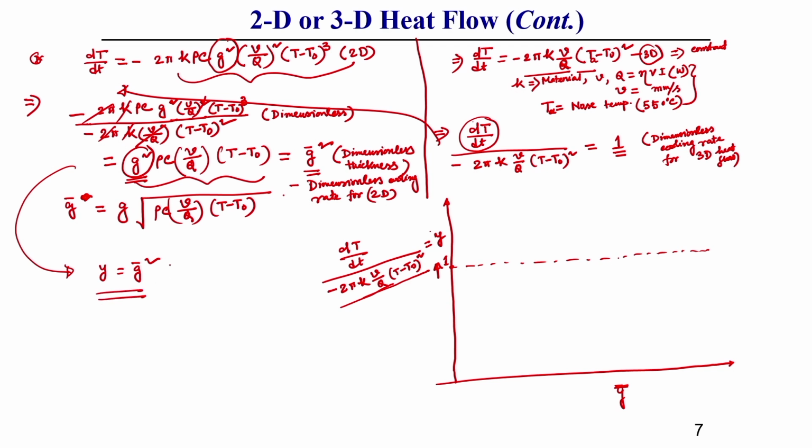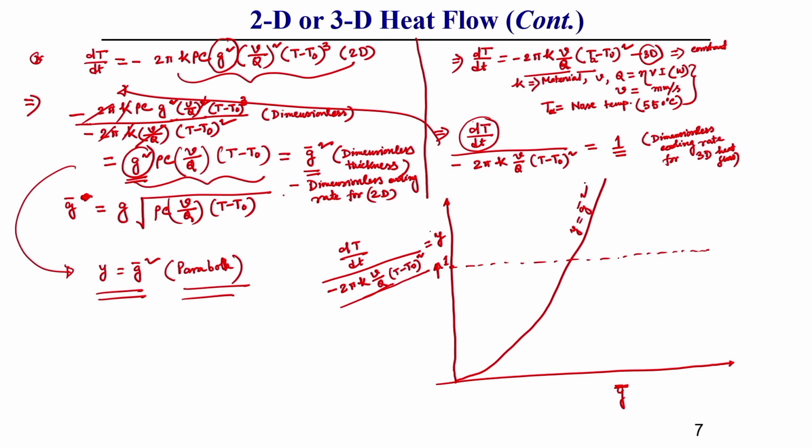What is this equation? This is the equation of a parabola, correct? You know these things. So if we draw the 2-dimensional case, how do we get the parabola of the dimensionless cooling rate curve? This is y equal to G bar square.